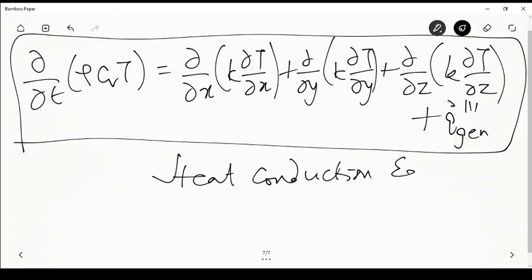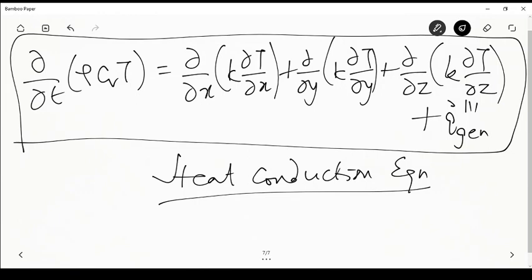Okay, so basically what have we done? We have basically applied the first law for a closed system to an elemental control volume of delta x, delta y, delta z within a medium that is conducting heat, and we have tried to simplify it using the Fourier conduction law in order to arrive at an equation.